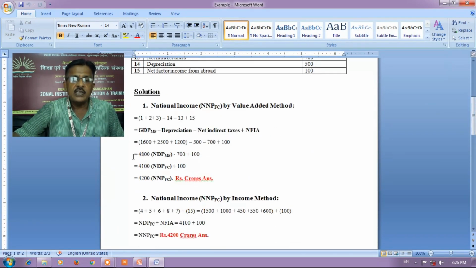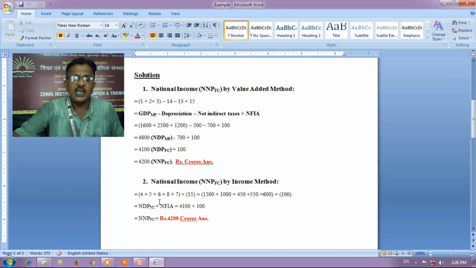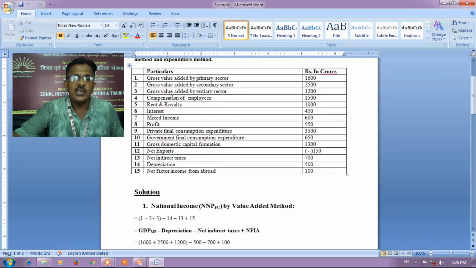As I just now told, GDPMP, then NDPMP. From NDPMP, you come down to NDPFC, and then finally NNP at factor cost. Now national income in the income method: you see the items number 4, 5, 6, 8 and 7. Why this 8 and 7? Because item 4 is compensation of employees, and rent, royalty, interest and profit is the 8th item.